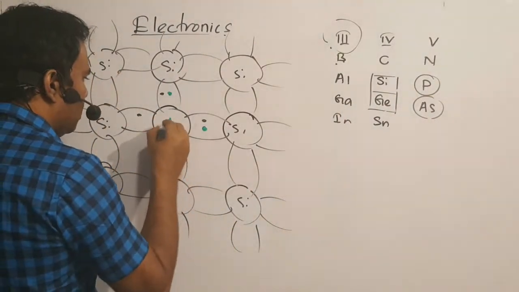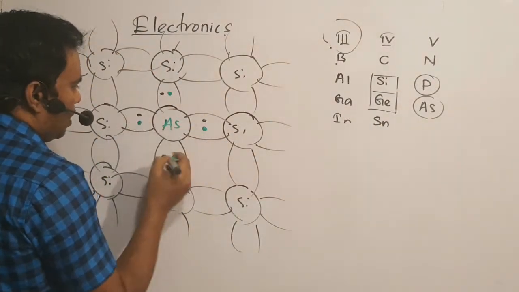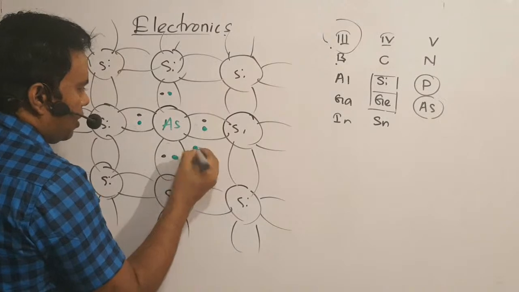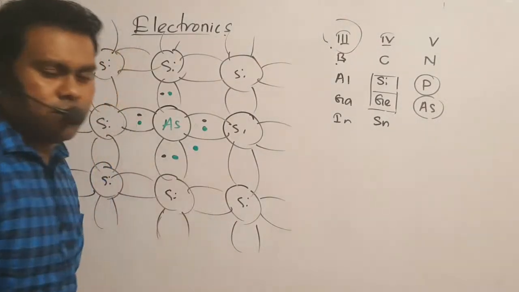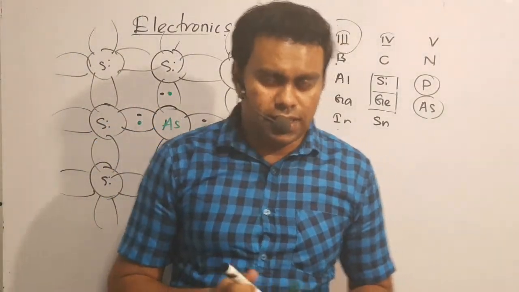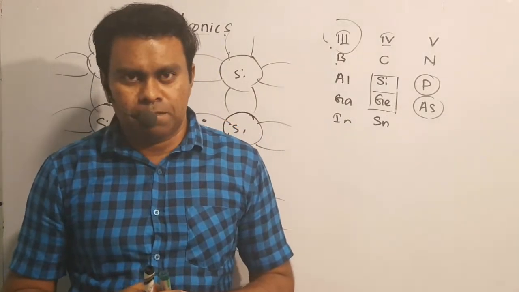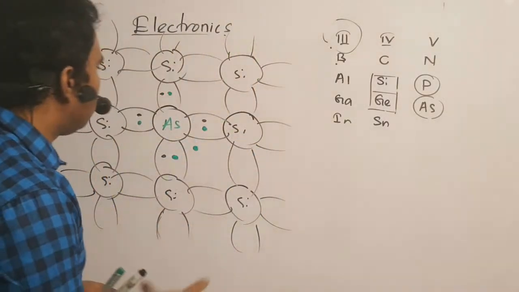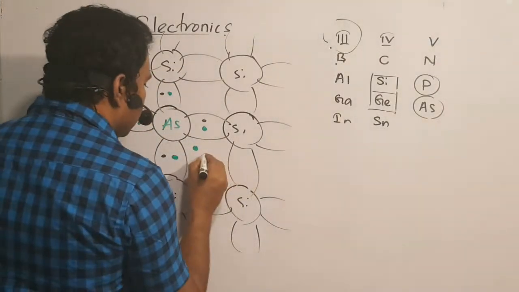If this is arsenic, හතර දෙනාටම හතරක් දීලා වැඩිපුර එකකුත් තියෙනවා. So that's negative electrons. Wherever the arsenic atom is doped here, negative charge is created. So majority carriers are negatively charged electrons.